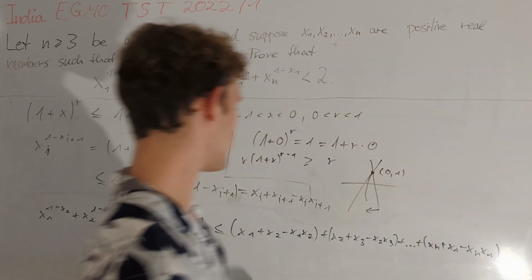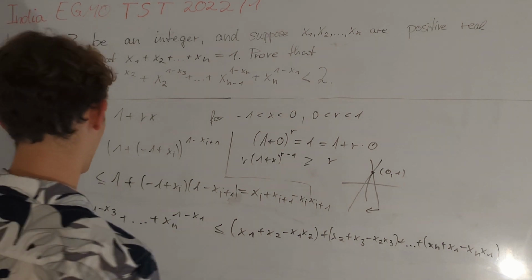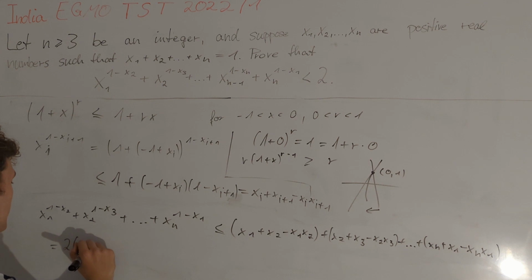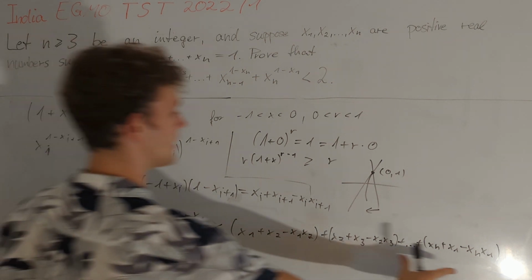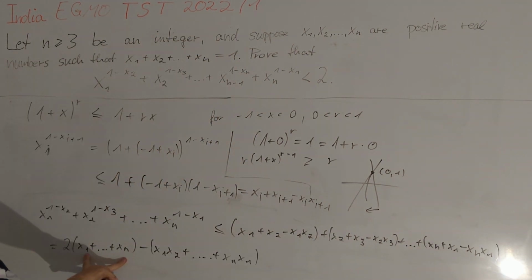We note that each summand of the form xi is counted exactly twice. Therefore, all of this is equal to twice the sum from x1 up to xn minus all of the remaining product terms. We know that this inner sum is equal to 1 by what is given.